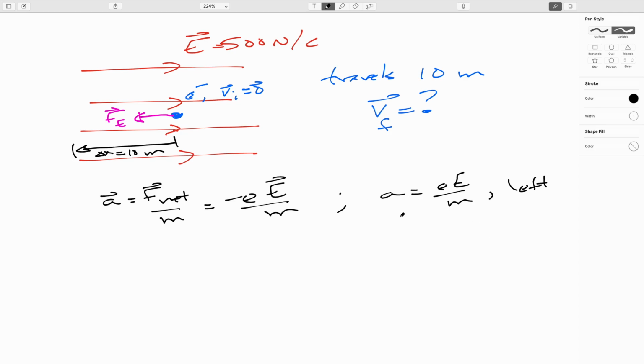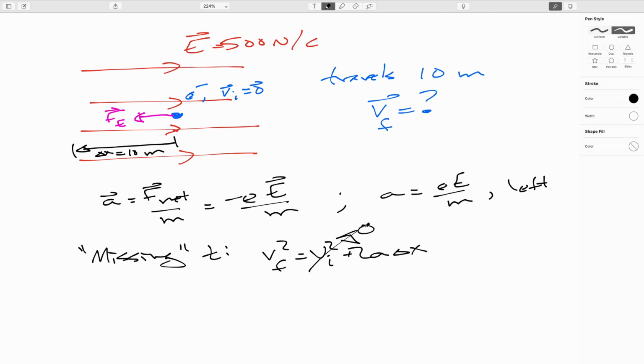All right. So now that we've gotten ourselves an acceleration, we can go ahead and do kinematics. And since time was neither asked for nor given, you can use the kinematics equation that doesn't have time in it, which is V final squared equals V initial squared plus 2a delta x.